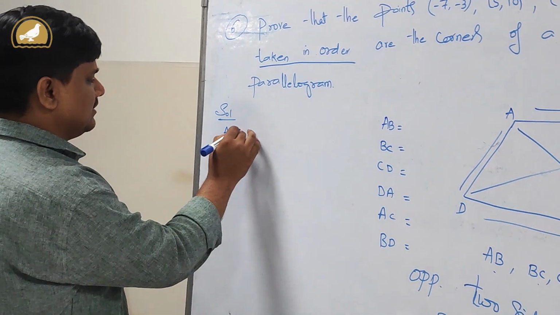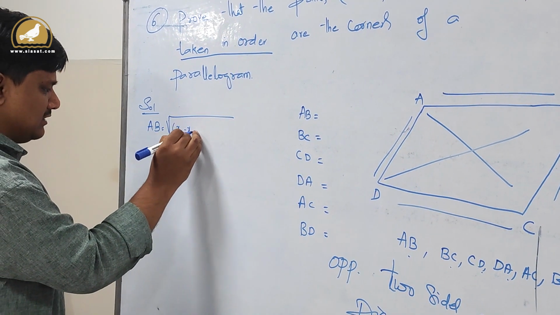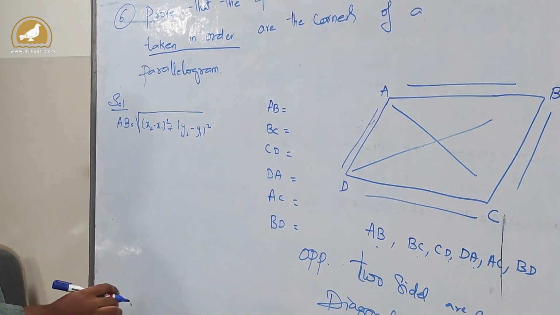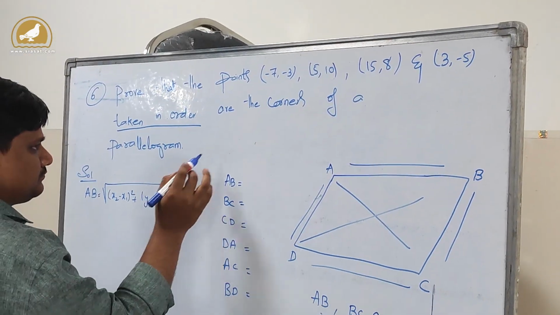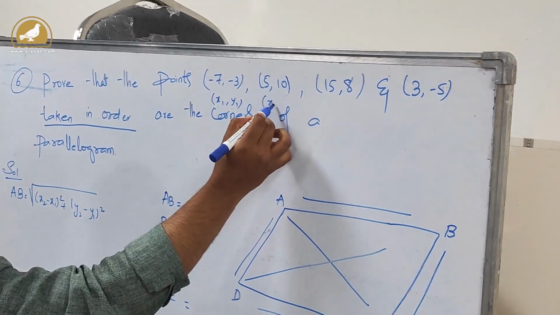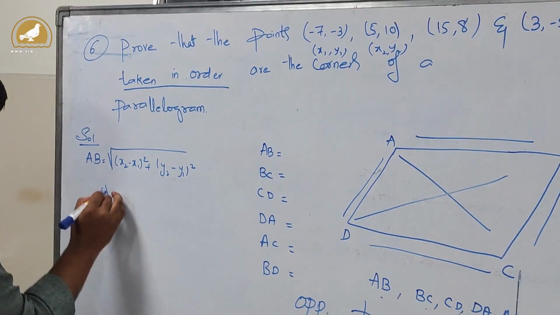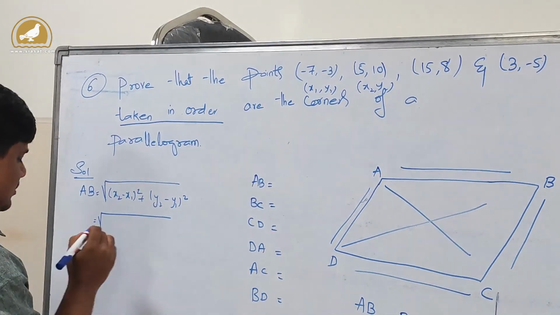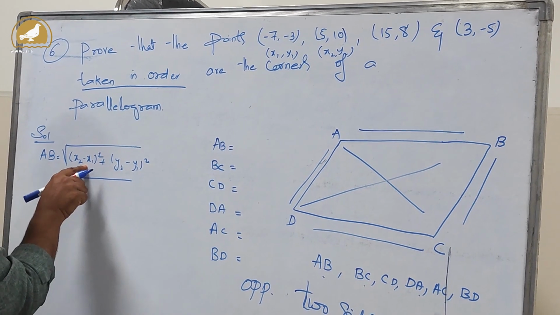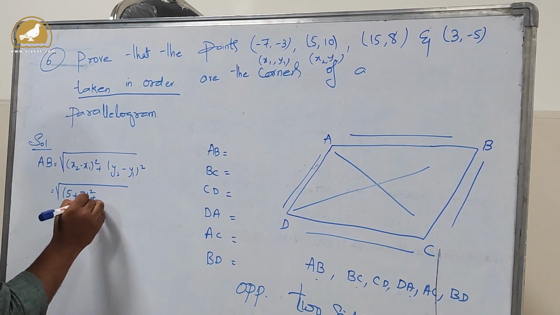First AB. The formula remains the same: under root of (x2 minus x1) whole square plus (y2 minus y1) whole square. So here this value is x1, y1, this value is x2, y2. x2 is 5 minus x1, this minus and this minus, it will become plus 7 whole square.